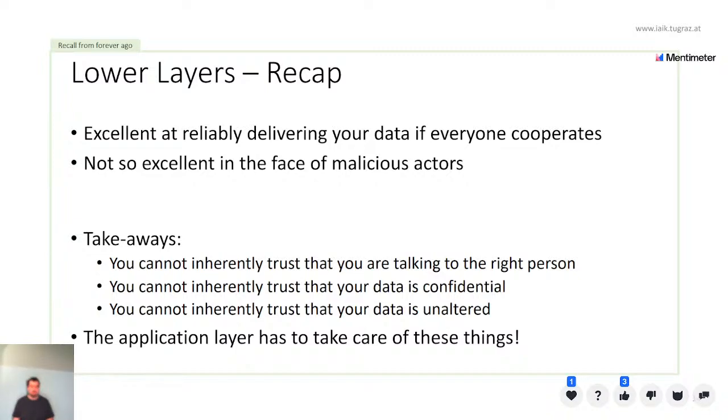If everybody plays nice, then they're good at delivering data reliably and quickly, but they kind of suck if anybody is malicious. They're not really built to handle that kind of thing. Takeaways: you cannot trust that you're talking to the right person, you cannot trust that your data is confidential, you cannot trust if your data is unaltered, and these things have to be taken care of by the application layer.